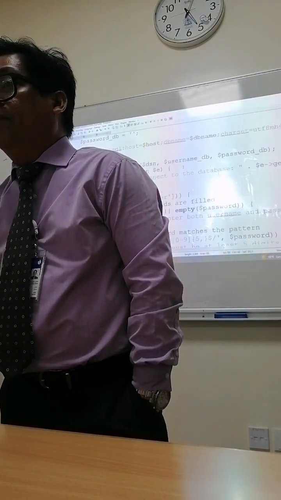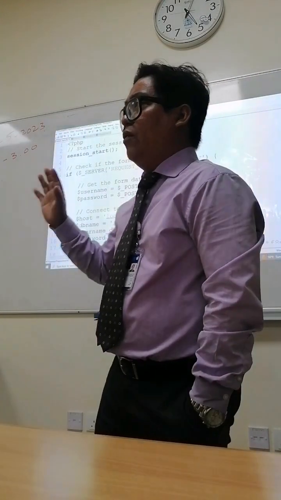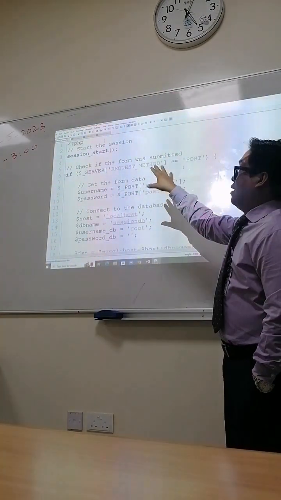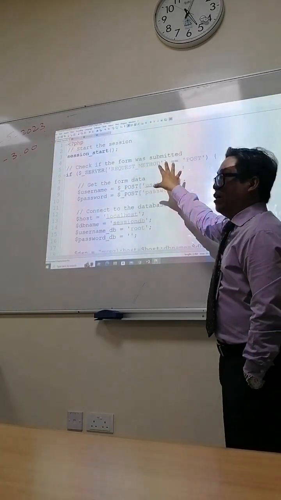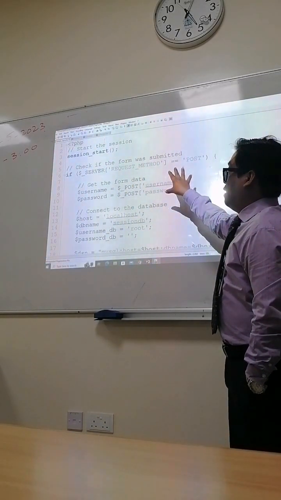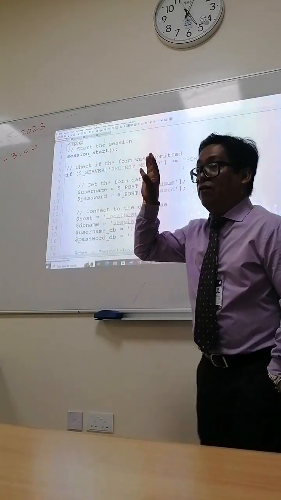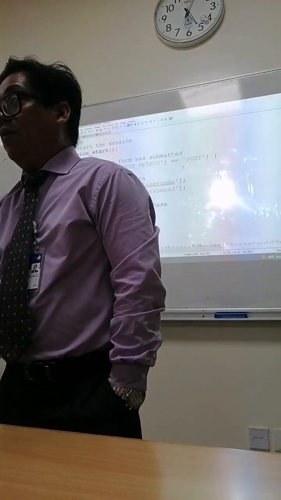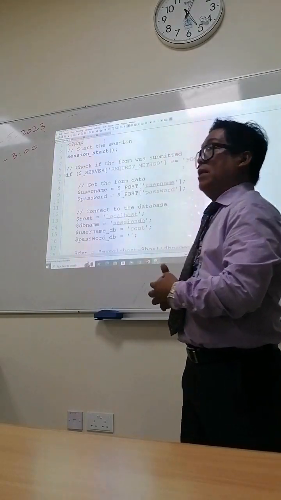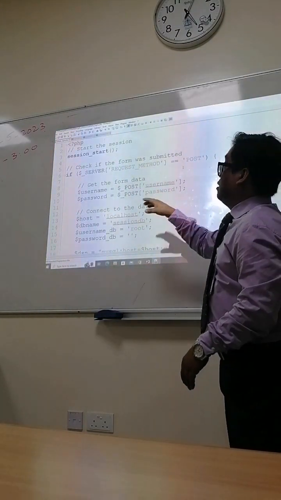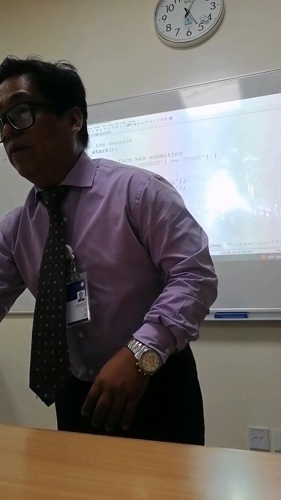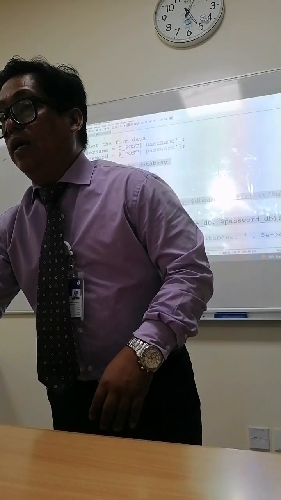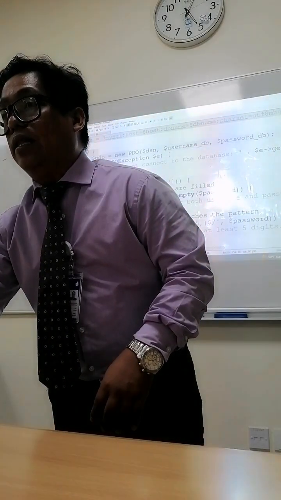So let's go back to your validate. The only problem with this one is it's a bit bloated because all the code is here. The session start is here, the database connectivity is there, the validation is there, the insert is there. So many. But if we make this a little cleaner, for this database connectivity, I can make it a separate file.